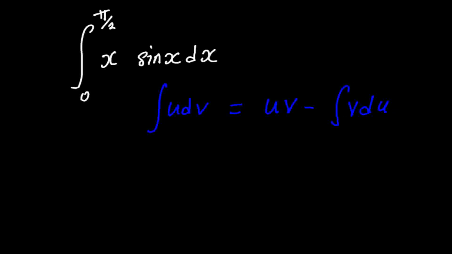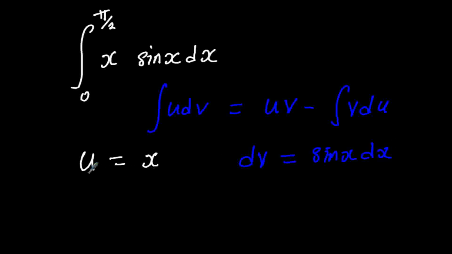So first we are going to let our u be equal to something we can differentiate and we get a constant. So in this case it is the x, and our dv to be sine x dx.